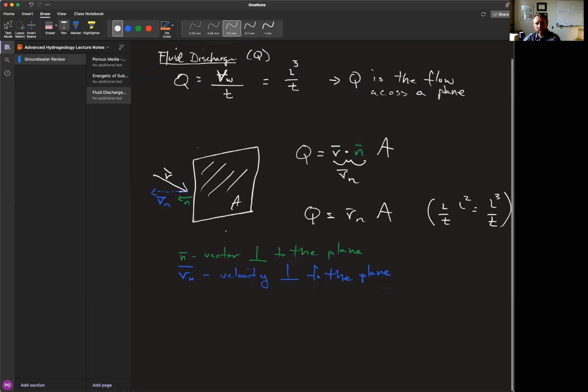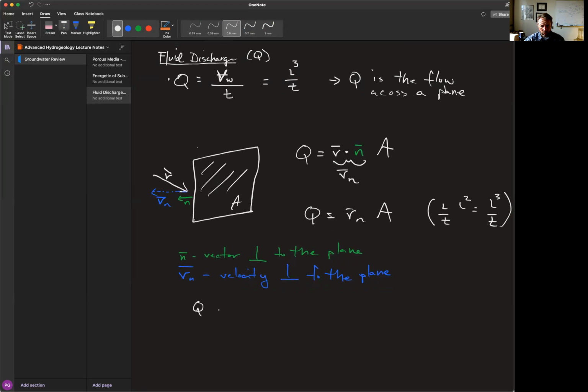Okay, so discharge is the flow across our plane, and it depends upon the fluid velocity and its orientation with the plane. The important thing is it is the entire volumetric discharge across this full plane.